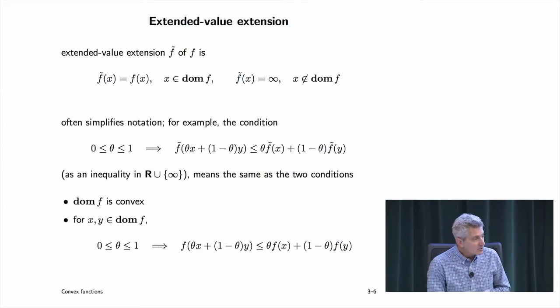Okay, now there's one other thing we're going to cover. It turns out when you're dealing with convex or concave functions, there is a very nice way that you can pull in the idea of the domain and define things over a bigger set to have extended values. So what you could do is you take a normal function f, which has a domain, and has value f of x if x is in the domain. That's the value.